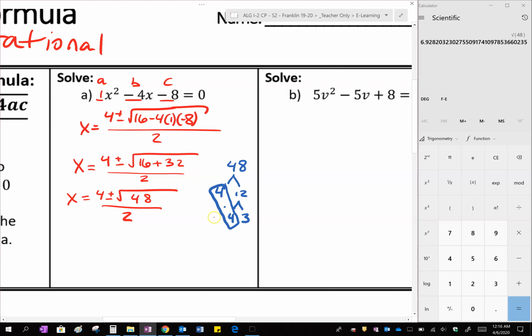So we can take the square root of 16 and take that out, so it's 4 root 3. So that's what we're going to turn the square root of 48 into. So 4 plus and minus 4 square root 3 over 2. So we change the square root of 48 into 4 root 3.